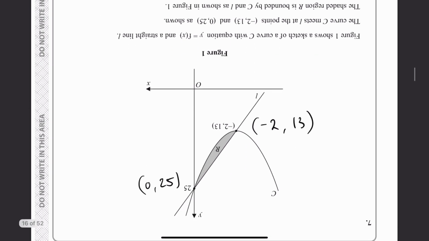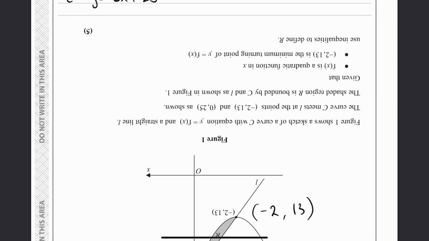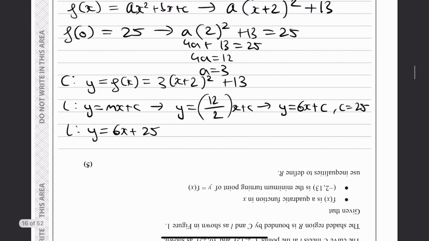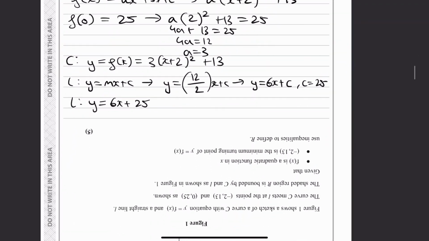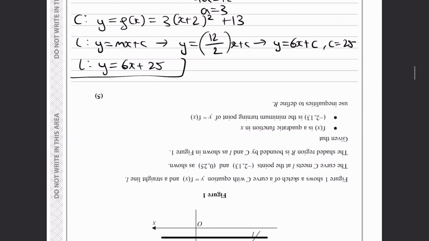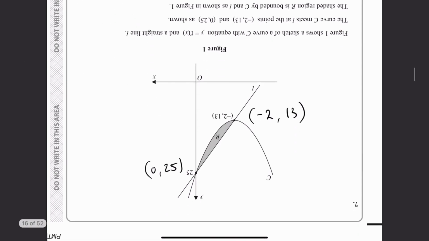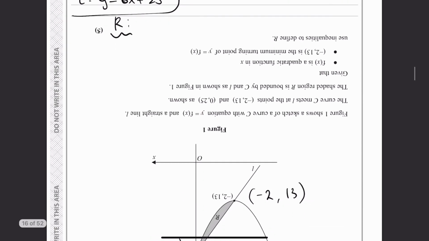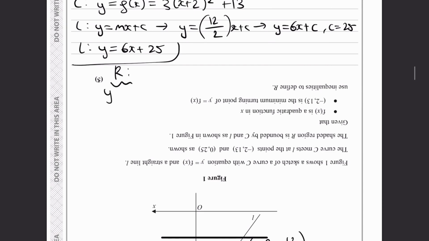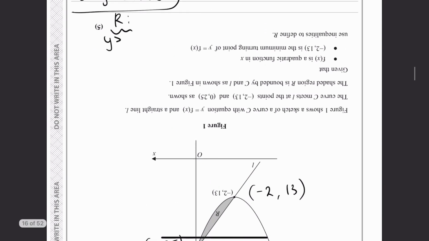Let's just make sure that works. If we put in minus 2 into that, you get minus 12 plus 25, which is plus 13. Okay, good. And now we just need to define a region. I've run out of space again. Maybe if I just make a bit more space here. So I think first of all, you can see it's coming above C, so that's when y is greater than C. And it's a straight line boundary, so it's greater than or equal to.